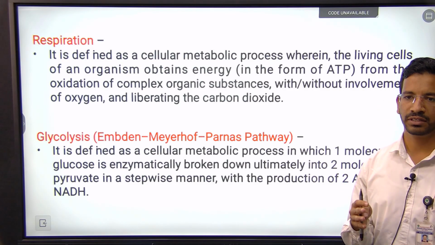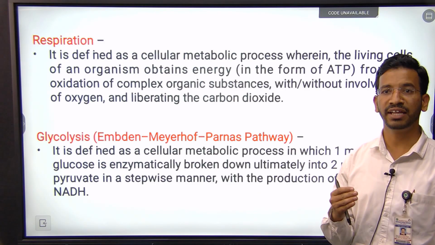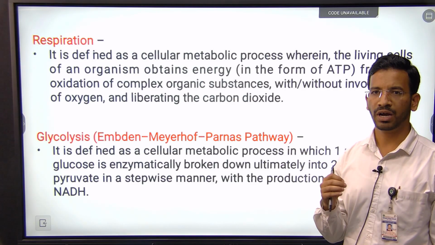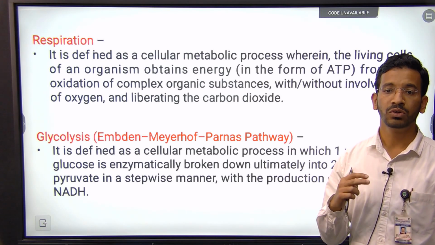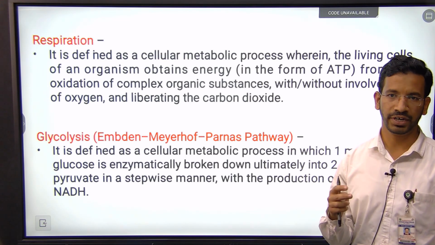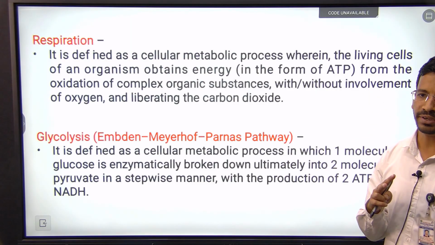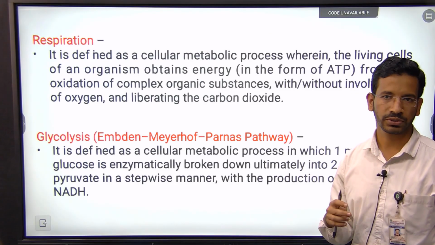So this glycolysis is a 10-step reaction. There are 10 different reactions involved in this. So ultimately one molecule of glucose is broken down to form two molecules of pyruvate, and also two molecules of ATP and two molecules of NADH are produced.